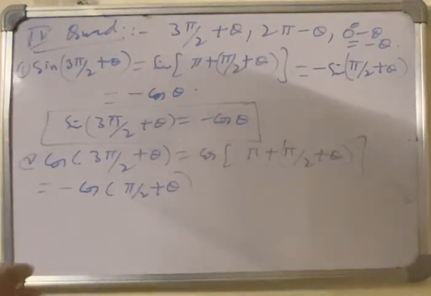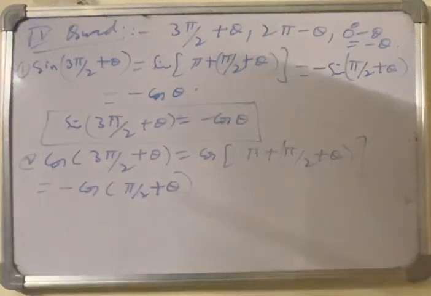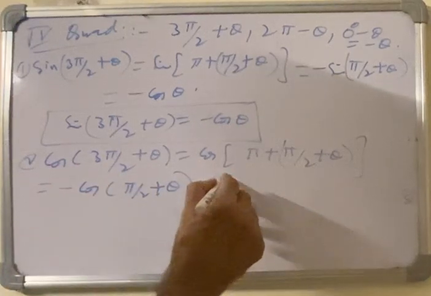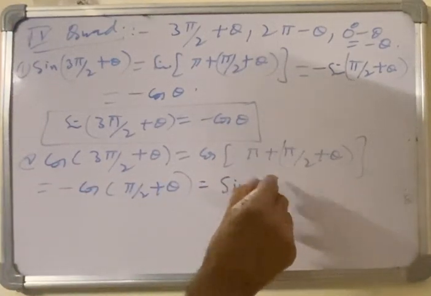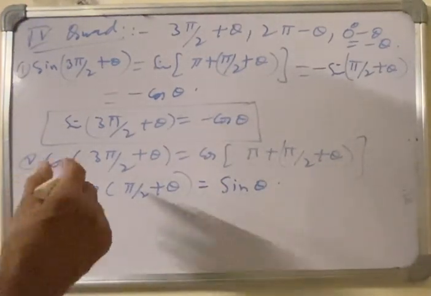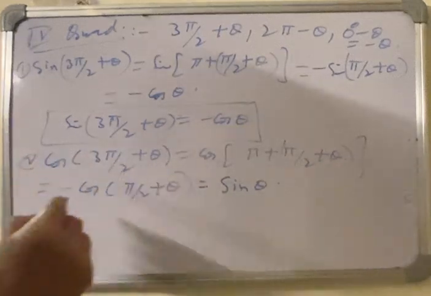In second quadrant, cos changes to sine, and it is negative. Negative means positive. It is sine theta. So cos is positive in fourth quadrant.